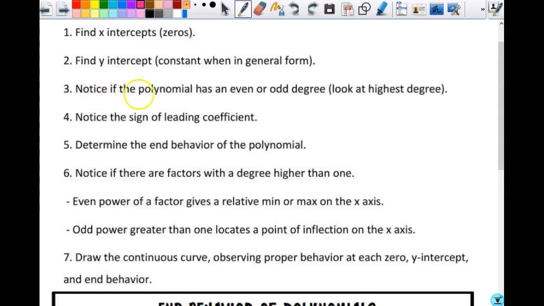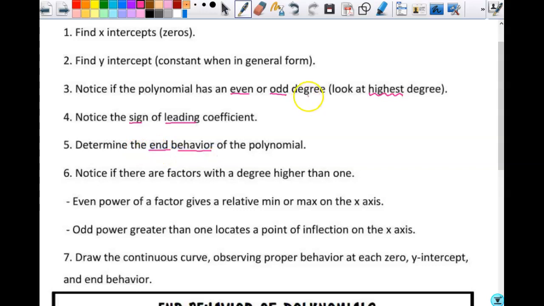Then we're going to notice if the polynomial has an even or odd degree, and we look at the highest degree, right? Not always the first, but the highest. And then notice the sign of the leading coefficient. And then we're going to determine the end behavior of the polynomial.